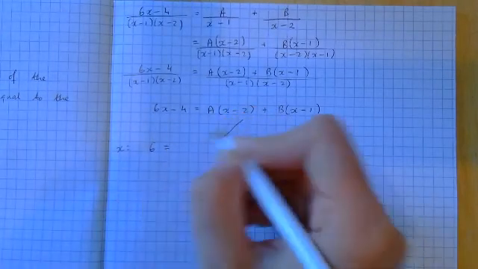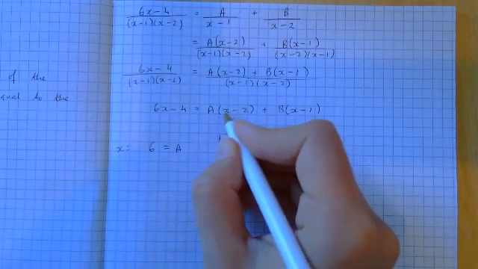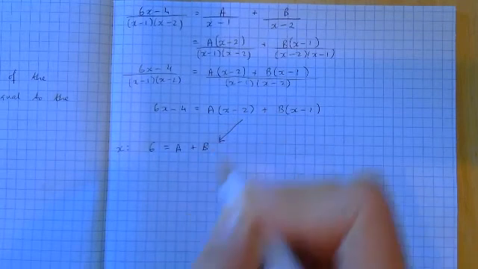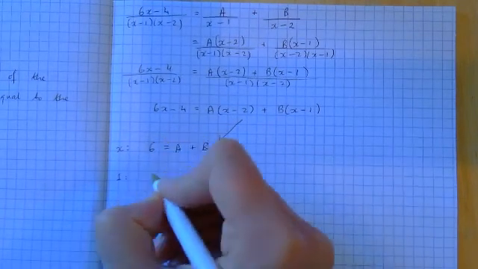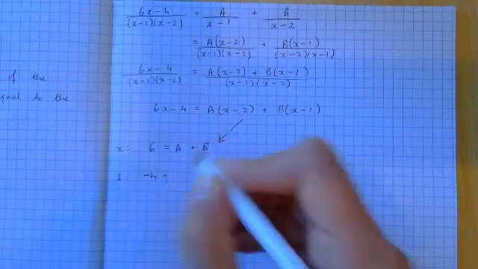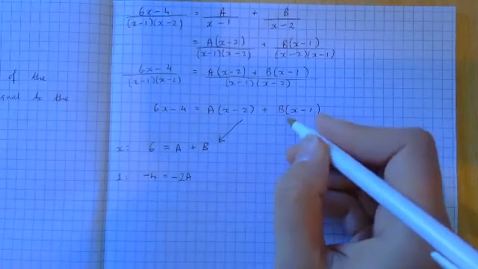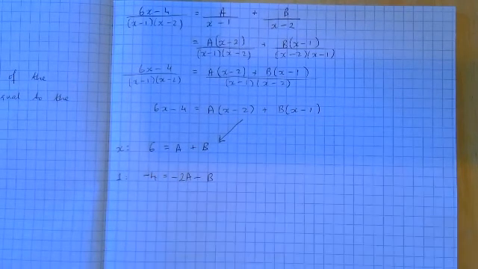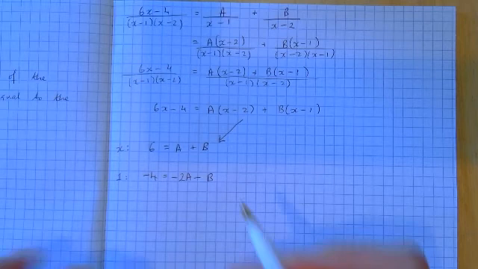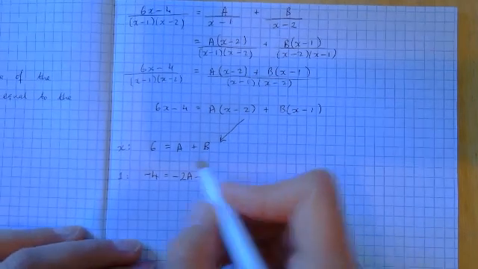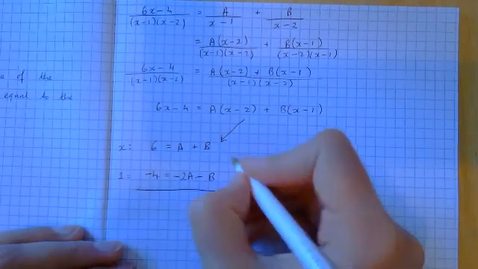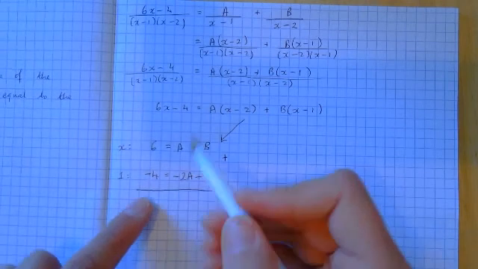So let's equate the x coefficient. So on this side I've got 6, and on this side I've got an Ax and a Bx. And let's just equate the numbers. Well, on this side I've got a minus 4, and on this side I've got minus 2A minus B. Right, well, I can add these two equations, look, and my B's will go.